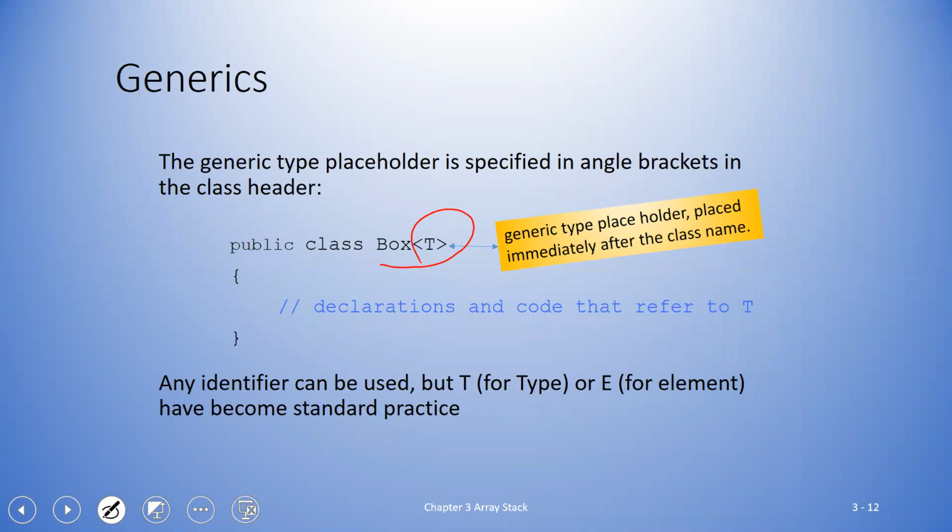You say T, a generic type. I don't know what you are going to hold, and who decides what it's going to hold? When you actually create an object of Box, you will dictate what it will hold. So this is called a generic type. So when you use Box, you replace that generic type with your own type, okay?